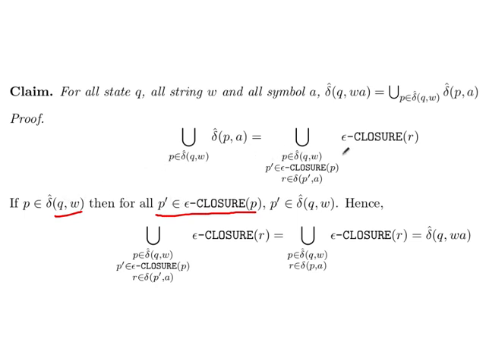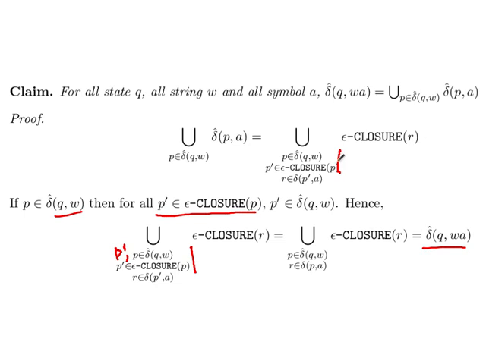So these two can just be clubbed, because P prime is in epsilon closure of P. There is no reason to consider a separate P prime. We can just consider all the states here, and then by definition this expression is delta hat of QWA.